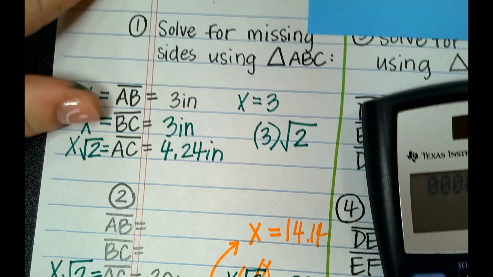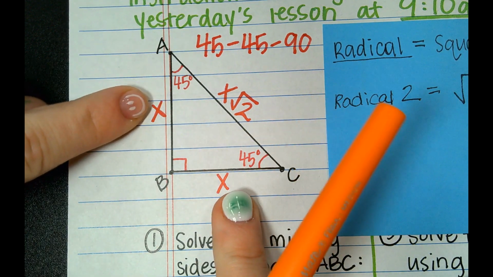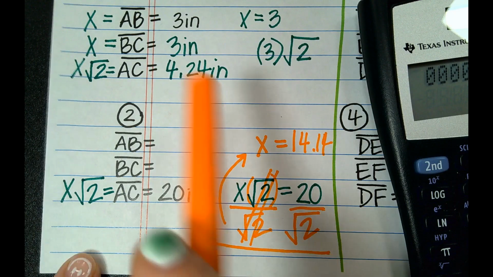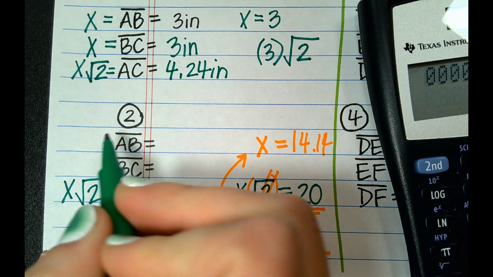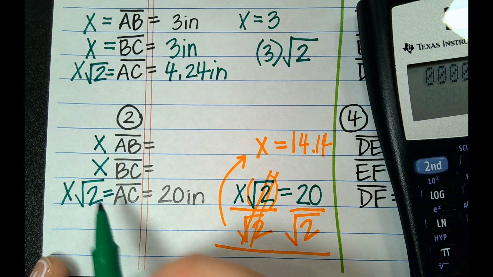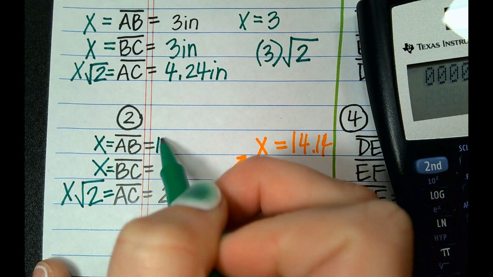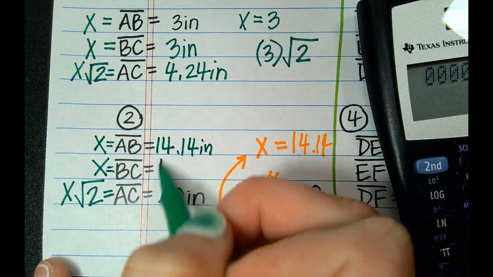If we look back at our picture, both of the missing sides are labeled as x. We just solved for x. Yes. So both of these are 14.14. Good. And if it helps, we can also label them as x before we fill that in. Sometimes it helps just to see that these are also x. And we got 14.14 inches.